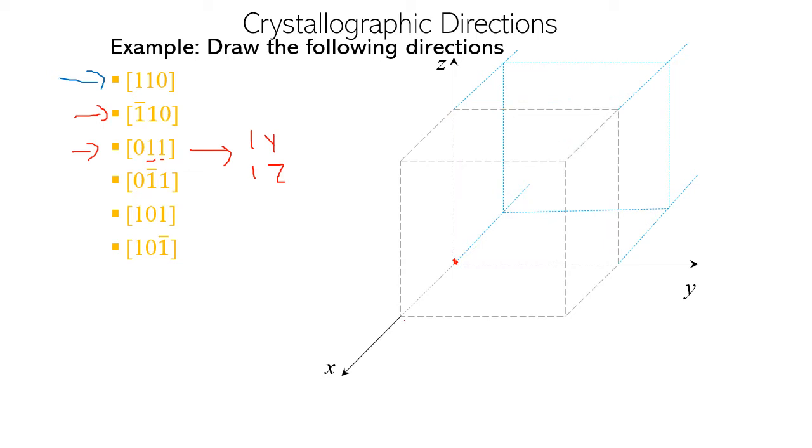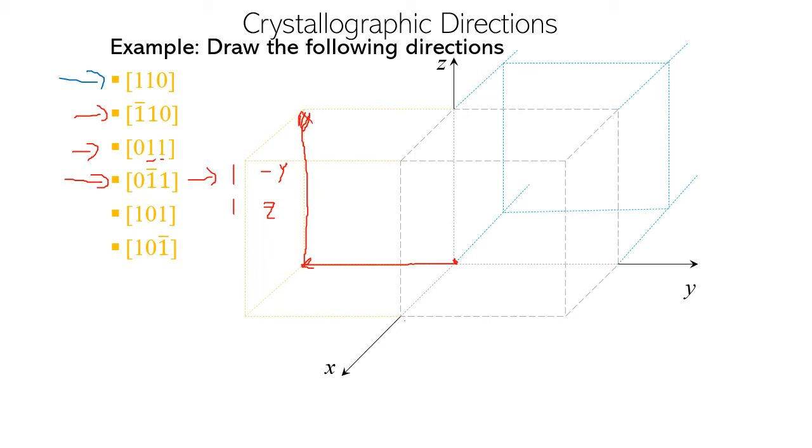The next, 0, 1 bar, 0... sorry, 0, 1 bar, 1. So nothing along x, 1 unit along negative y, and 1 unit along z as it is positive z. So let me have a unit cell adjacent which is on the left of the given unit cell. So 1 unit along the negative y direction, and from that point 1 unit along the positive z direction.